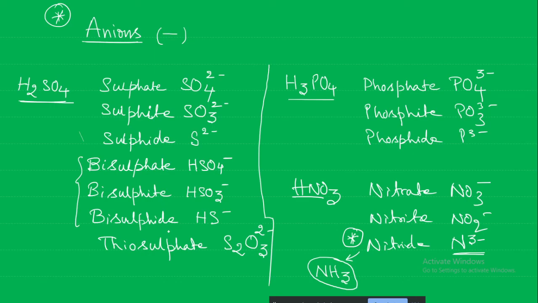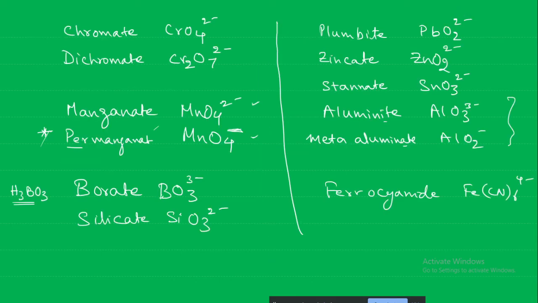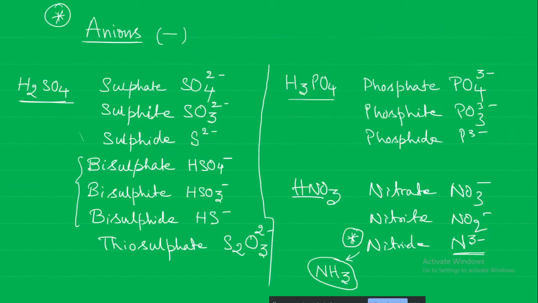Sulfate, sulfide, phosphate, phosphide. In the case of nitrogen, nitrate; nitride is a bit different, an exception. Chlorate, perchlorate, hypochlorate. I hope it is slightly easier if you follow this. Try to remember in this fashion, and after the class revise yourself at least once. That will be very useful.